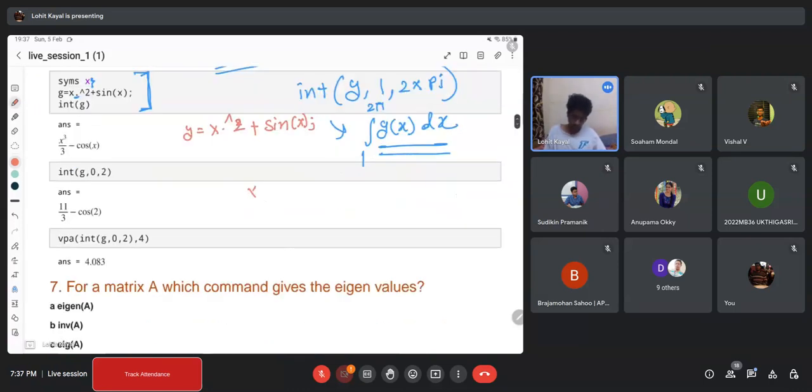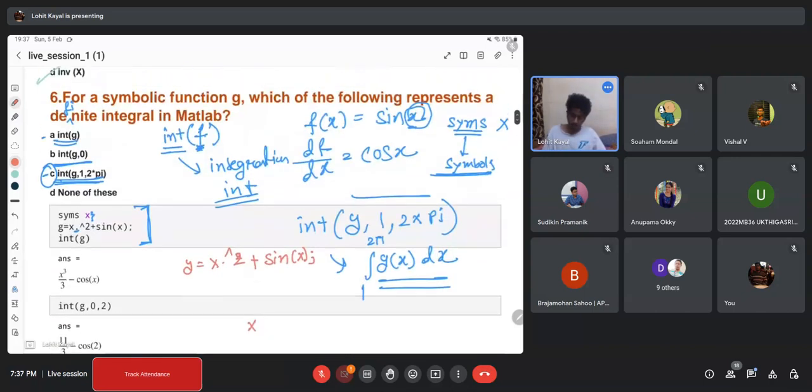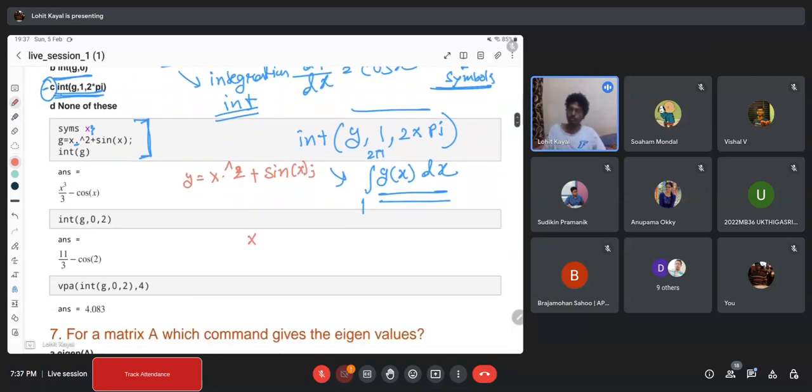Now suppose x is any number. Consider f(x) equal to sin x, f'(x) equal to cos x. The question is, find the value of df/dx at x equal to pi. Here I have to put x equal to pi or x equal to something.